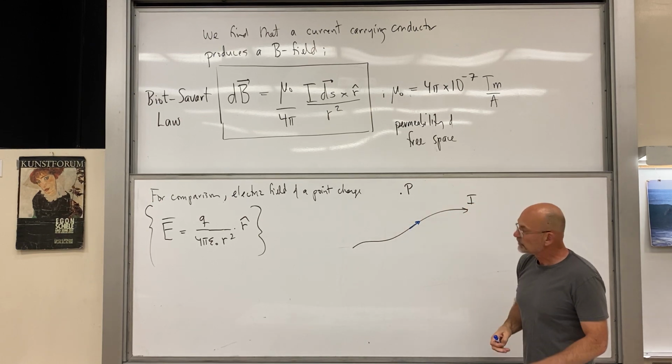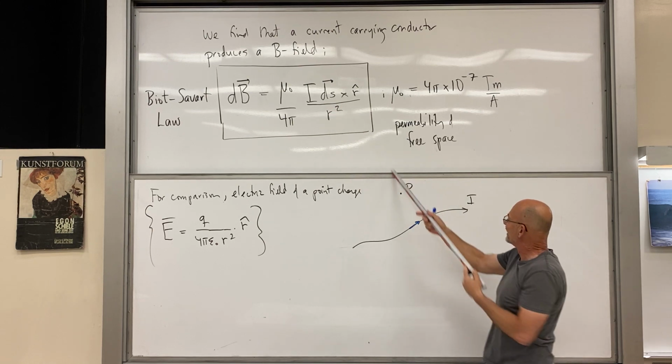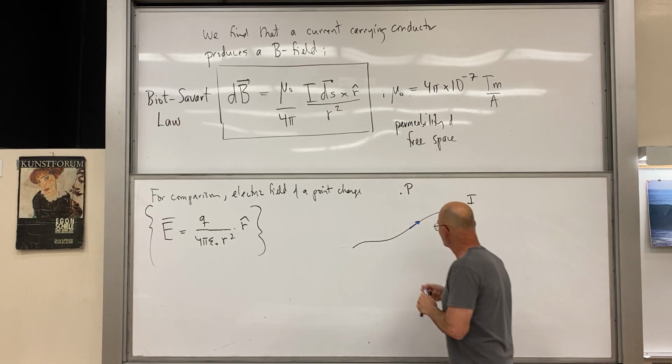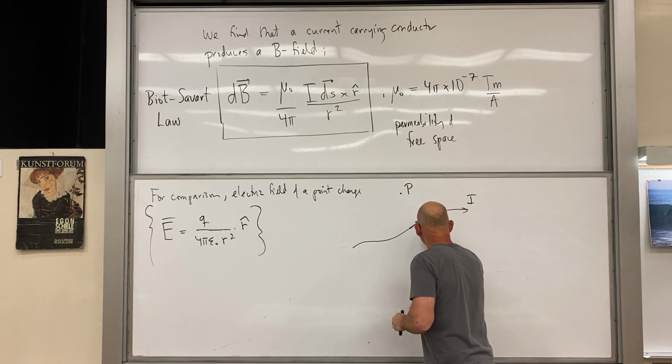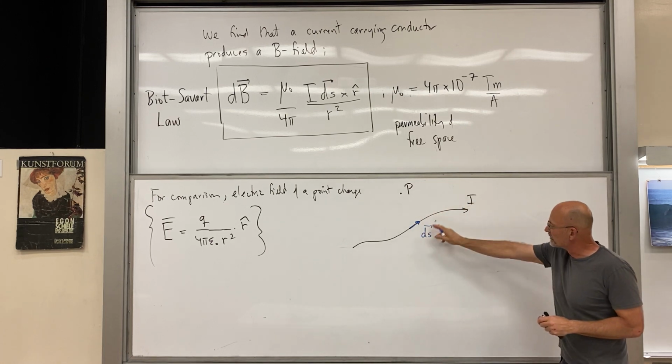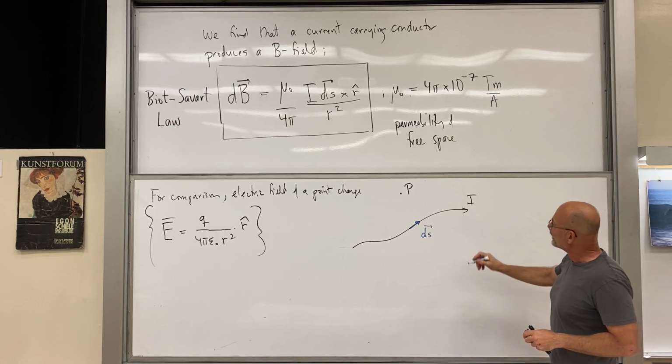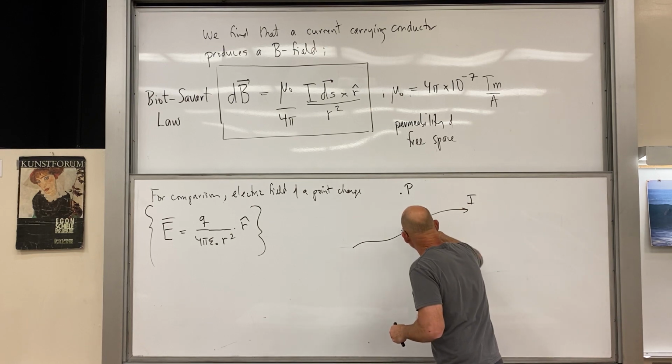This would be our IDS, our little ds infinitesimal vector element, part of the current. The R hat is pointing here.